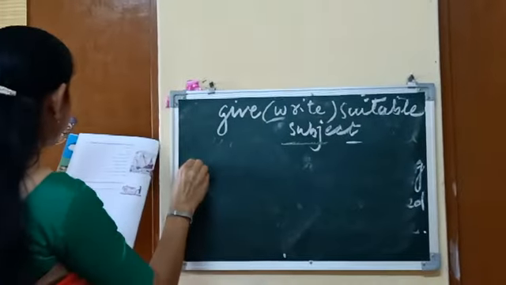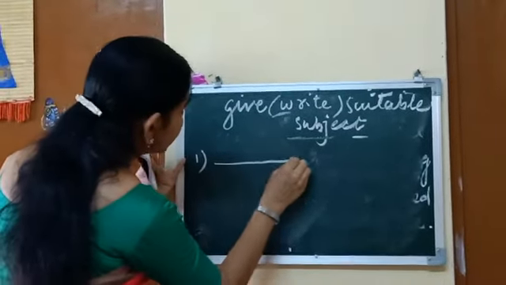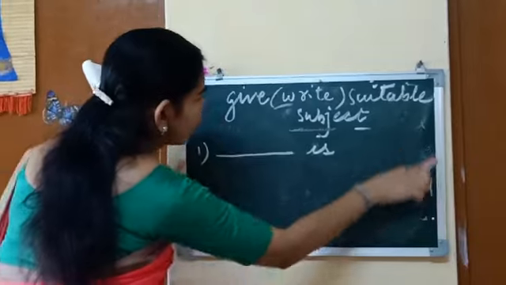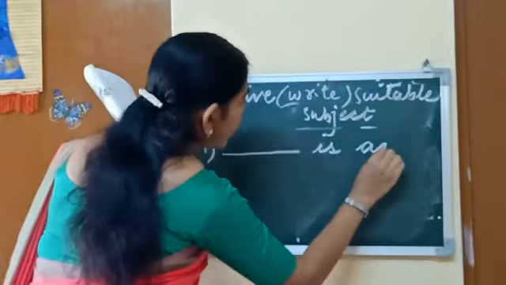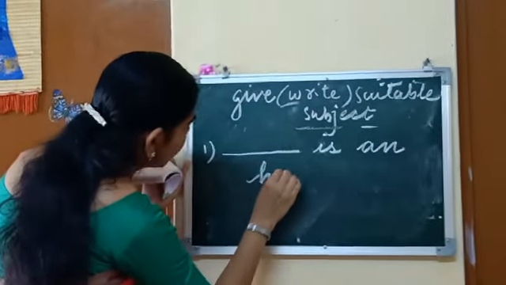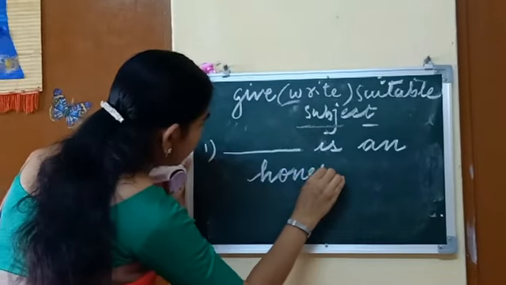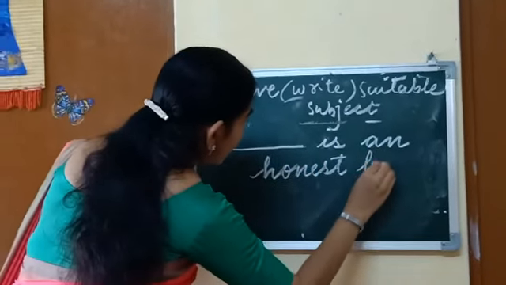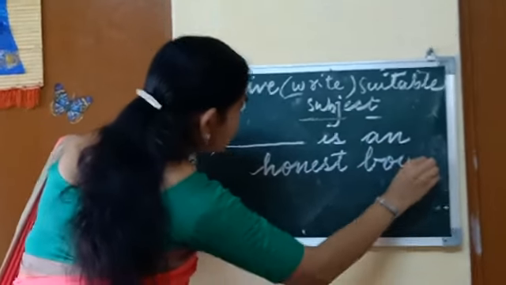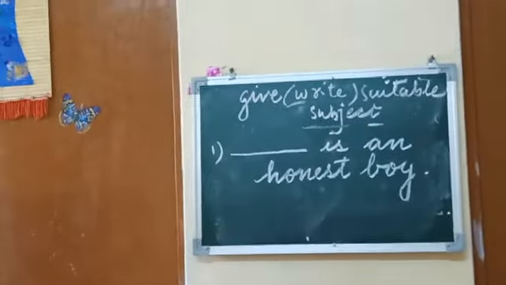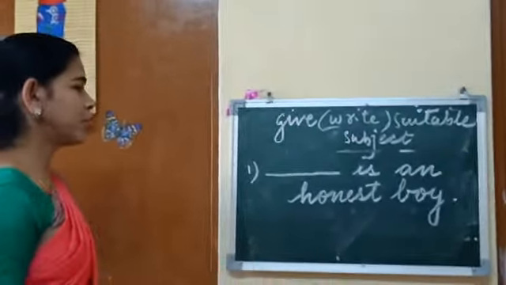The first one I'll show you: Dash is an honest boy. Only one example I'll show you. This is very simple. Dash is an honest boy. Honest means sincere boy. You have to add the subject here.